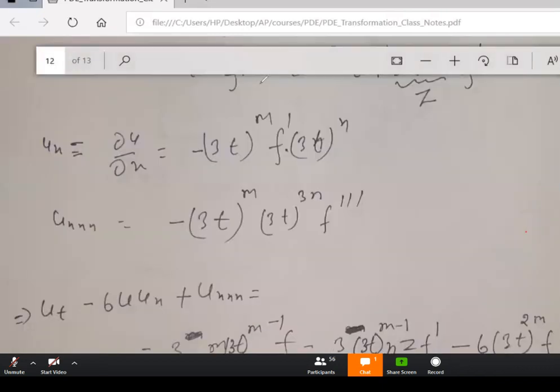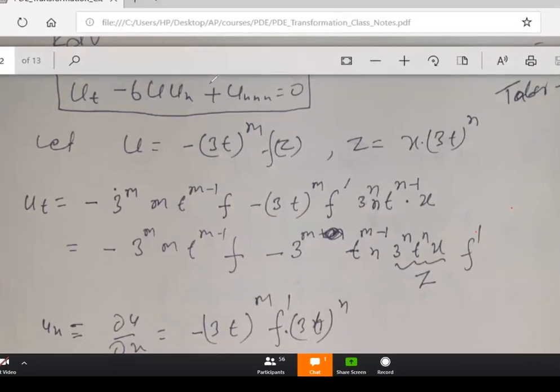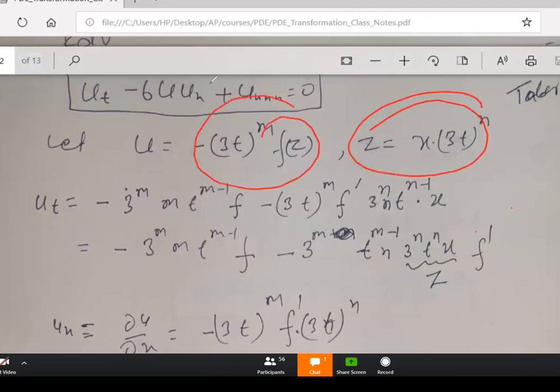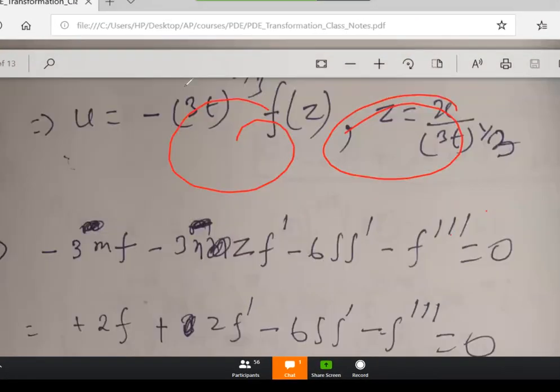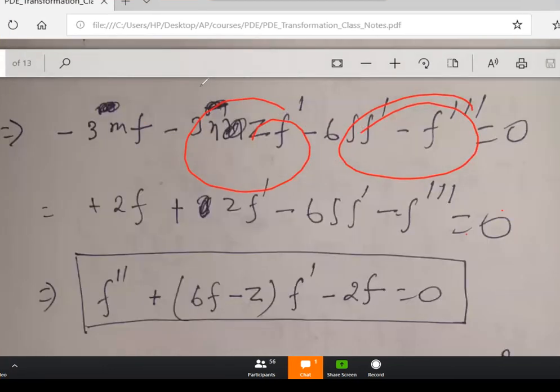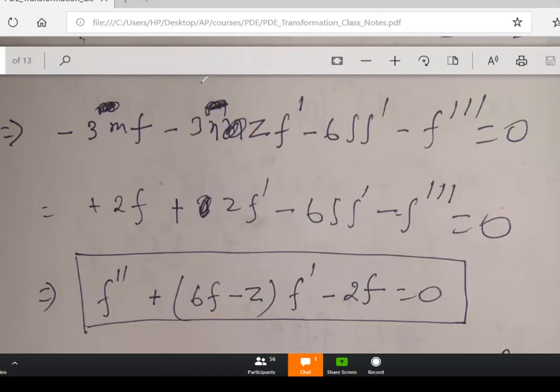So if you do this transformation, you will get this ordinary differential equation. So in the similarity transformation method, the main aim is to convert a partial differential equation into an ordinary differential equation.